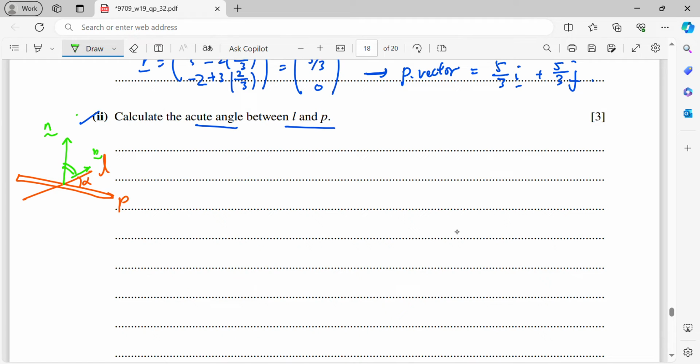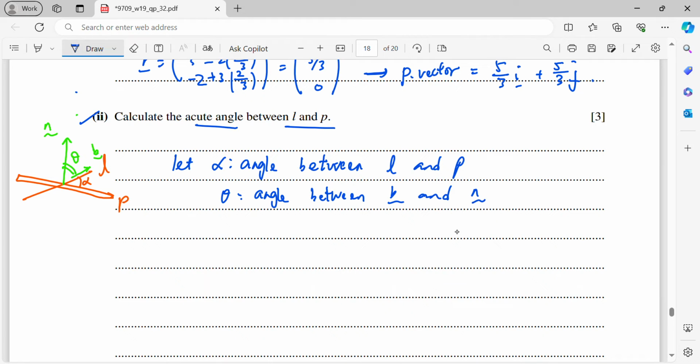So the angle that you find from b and n is theta, and now we need to find alpha. So let alpha be the angle between L and P. Theta is the angle between b and n. The n is the normal vector from the plane.